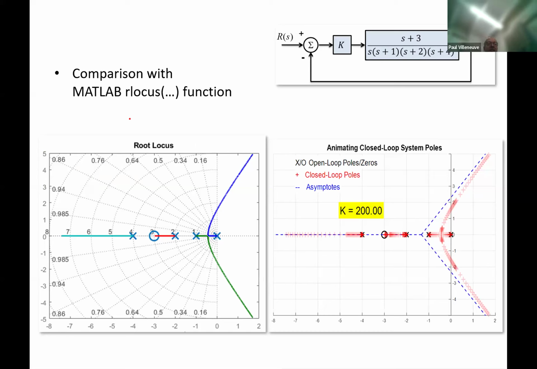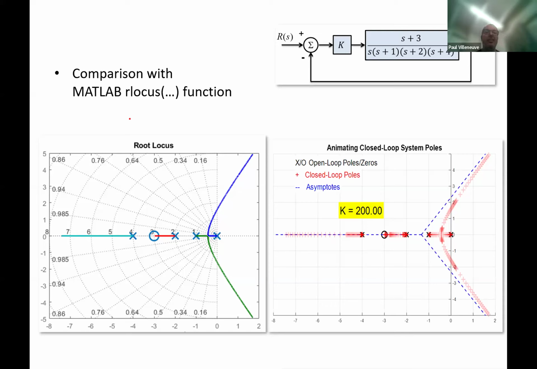Okay. So to the right, that image is brute force, plug point after point after point. The left-hand figure is what MATLAB actually will draw for you. You can have MATLAB draw root locus plots for you. There is a root locus function. And this one's color coordinated.